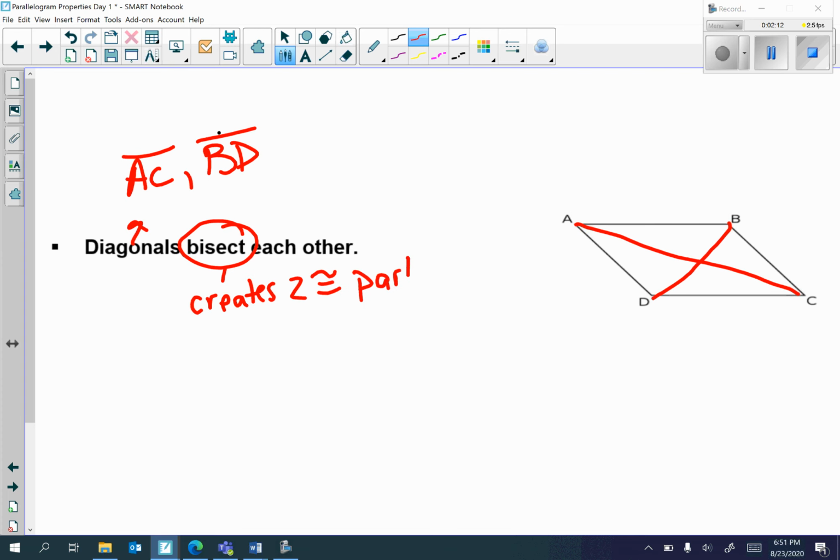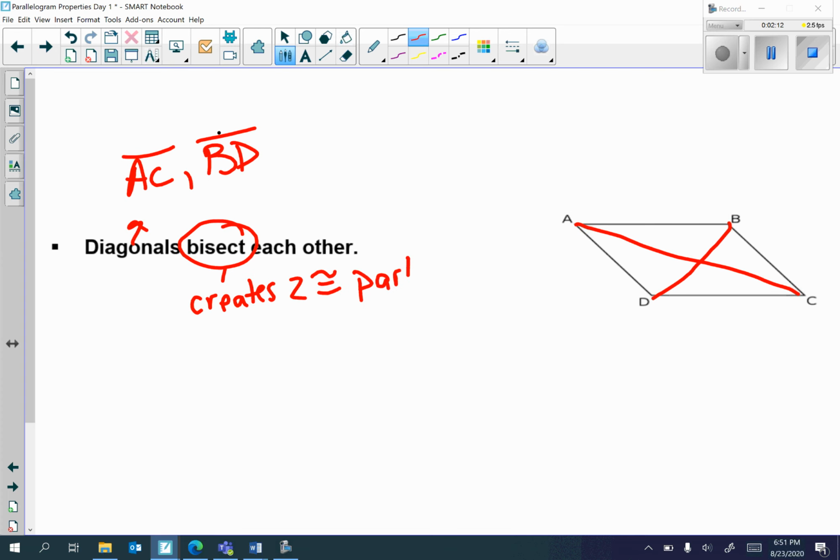So for example, where the diagonals intersect, we'll put a point E. So the diagonals, by intersecting, create two congruent parts. So AE is congruent to EC, and DE is congruent to BE. Diagonals in a parallelogram bisect each other to form two congruent parts.